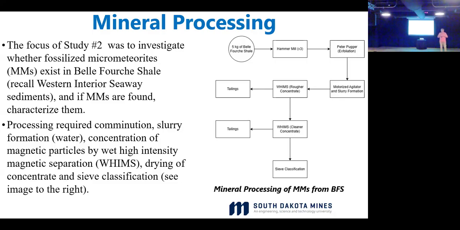So we basically take a lot of water and form a slurry of individual particles of the shale, and then run them through a wet high intensity magnetic separator, because the vast majority of the shale is non-magnetic. We were trying to capture the magnetic portion, and then from that start to look for potential micrometeorites.